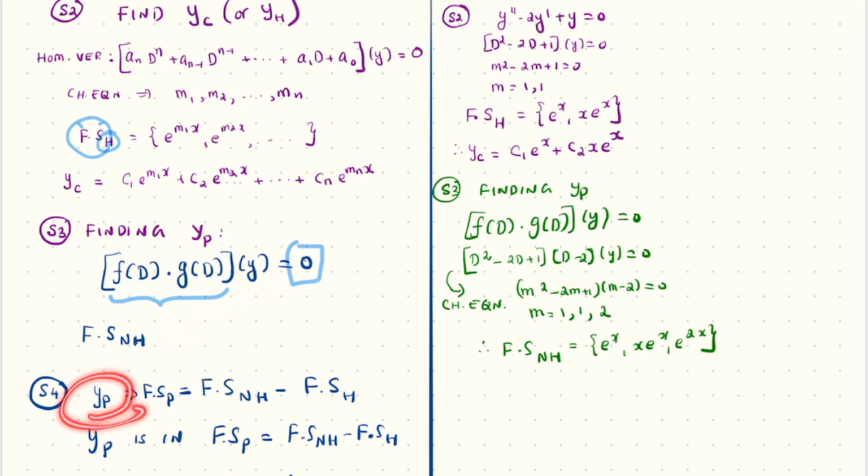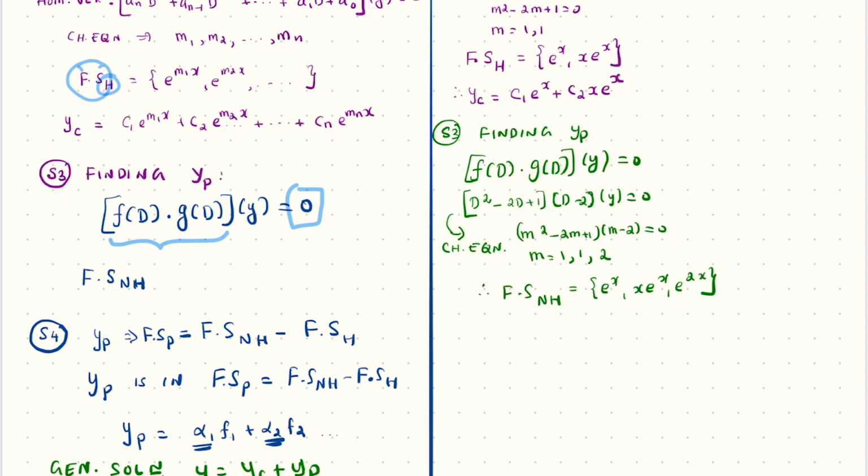Now we're going to take a look at step 4, which is yp. Yp comes off of f as nh minus f as h, right? So let's quickly do that. Step 4, I'm going to find the yp.